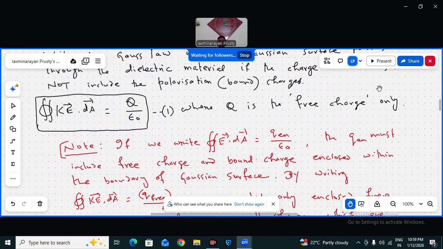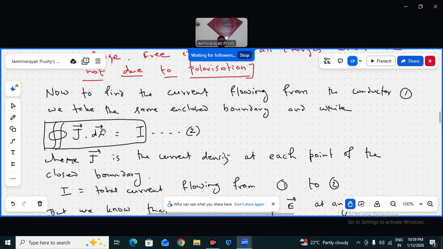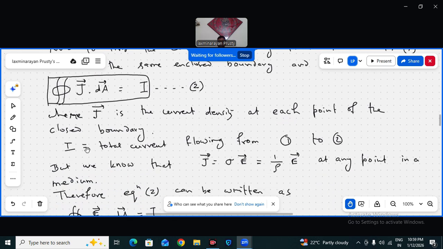That's what I wrote. Integral of J bar dot dA over that same closed surface is equal to the total current I, where J is the current density at each point of the closed boundary, and I is the total current flowing from 1 to 2.